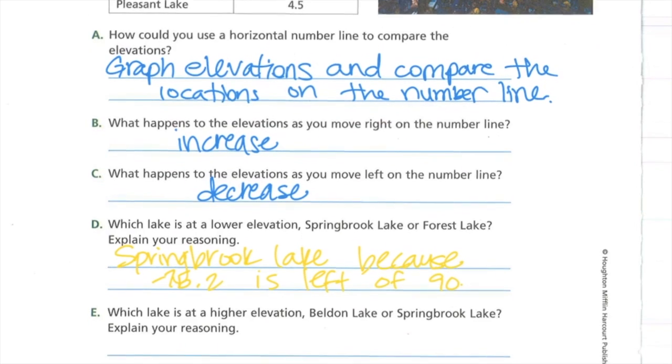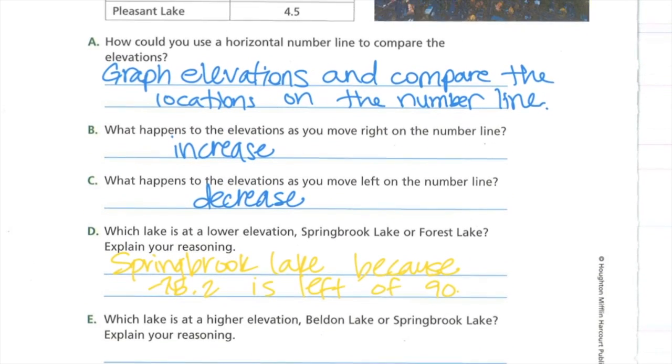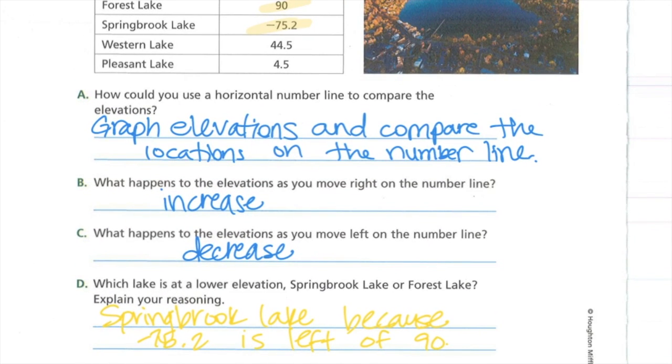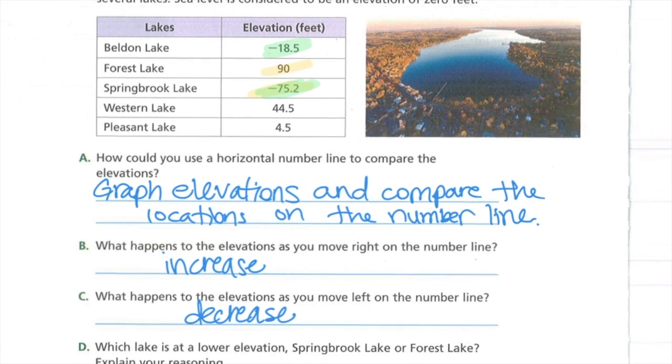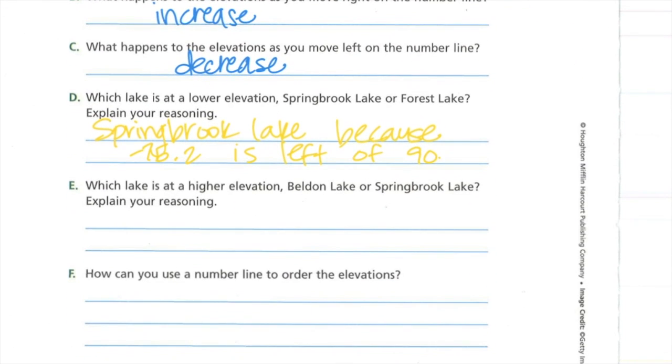Which lake is at a higher elevation, Belden Lake or Springbrook Lake? Well, they're both negative numbers. So that's not going to help us, but we can think about which one is closer to 0 for which one's a higher elevation. And I know that -18.5 is going to be closer to 0 than -75.2.